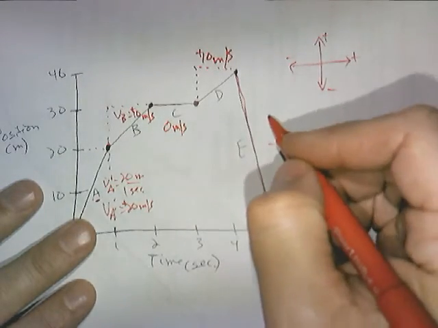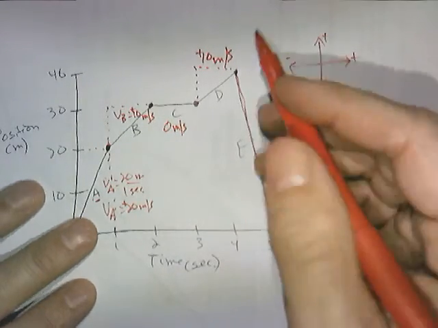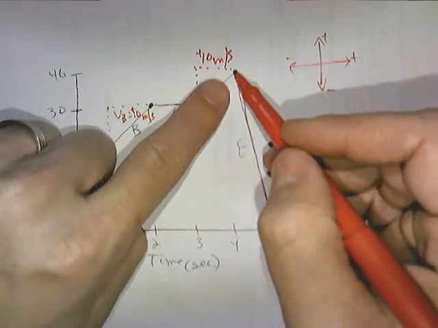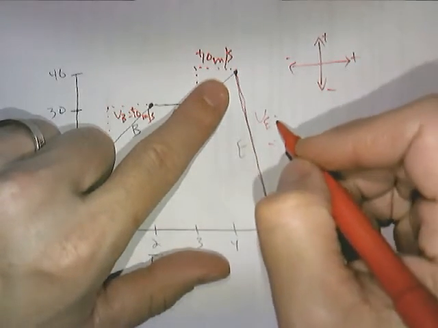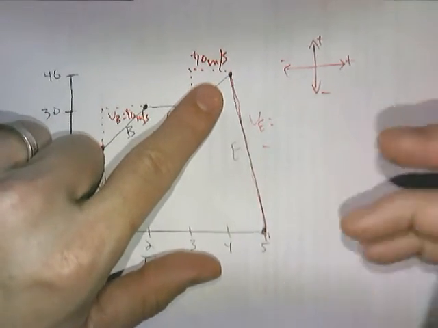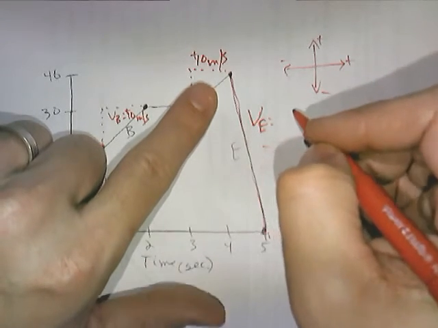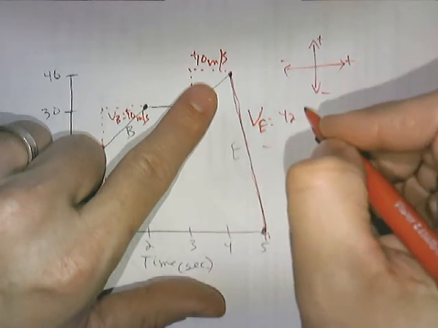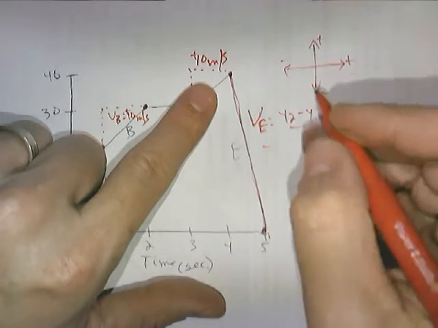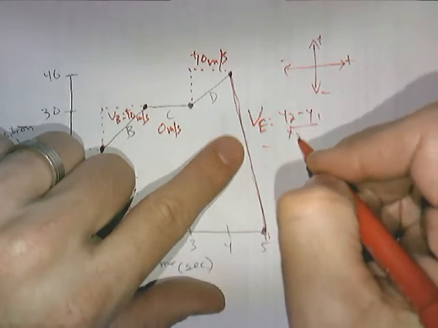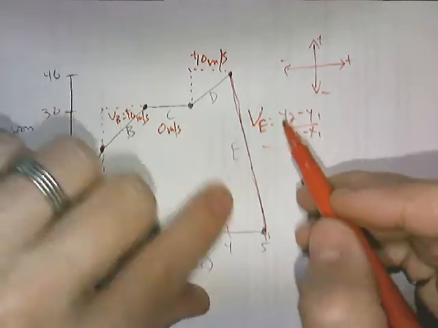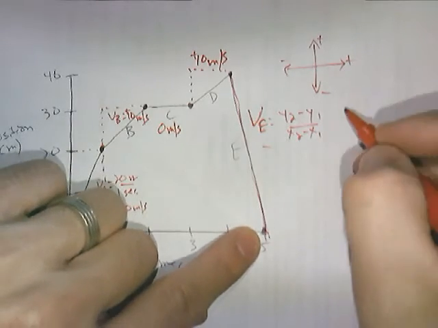So if I solve for the speed of E, it traveled from 40 to 0. If I'm finding the slope here, and we haven't done many problems like this, but here's what it's saying: the slope is y2 minus y1 over x2 minus x1. In other words, y2, it ended up at 0.